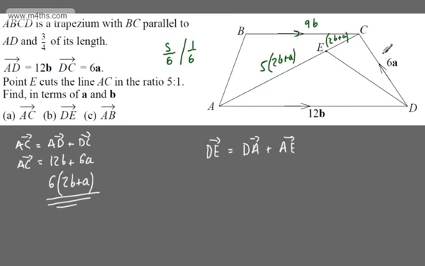I could have gone from D to C and then gone from C to E. So DE, the vector that's going to represent that, is going to be DA, so that's minus 12b, plus, if I consider I'm adding this one, expanding this, we're going to have 10b plus 5a. So what does that leave me? That leaves me 5a minus 2b. So that's what we end up with, and nice and straightforward.